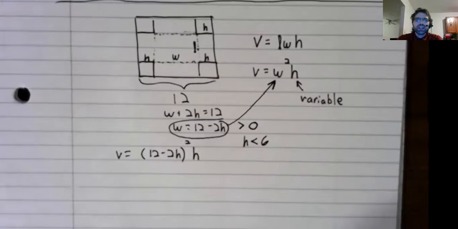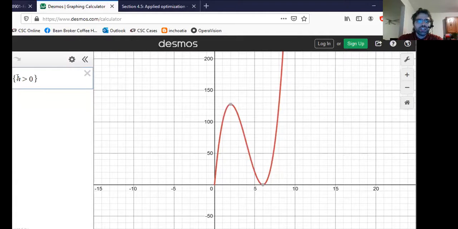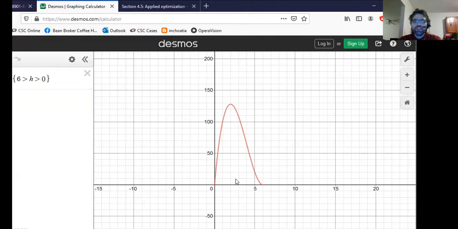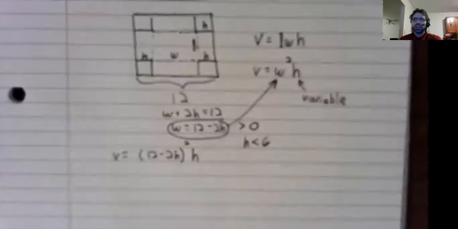So going back to Desmos, I'm not really trying to trick you. H is between 0 and 6, and this is our graph, and it really does have a maximum. That maximum is the only critical value between 0 and 6. So let's go looking for it.